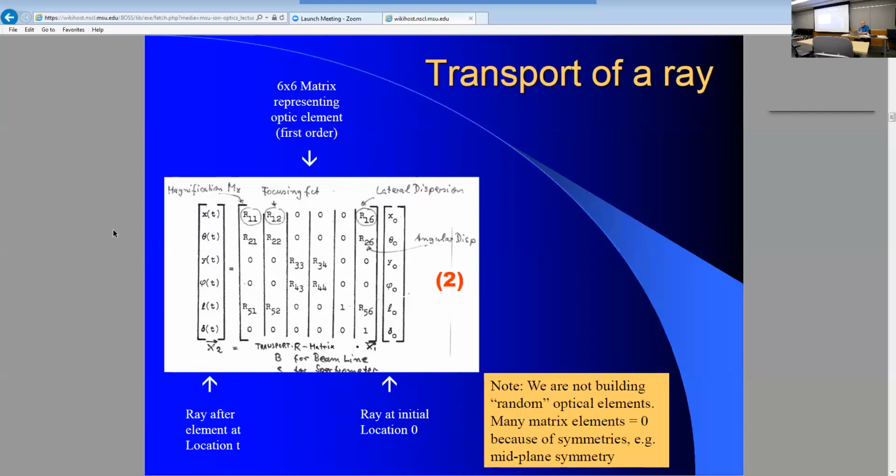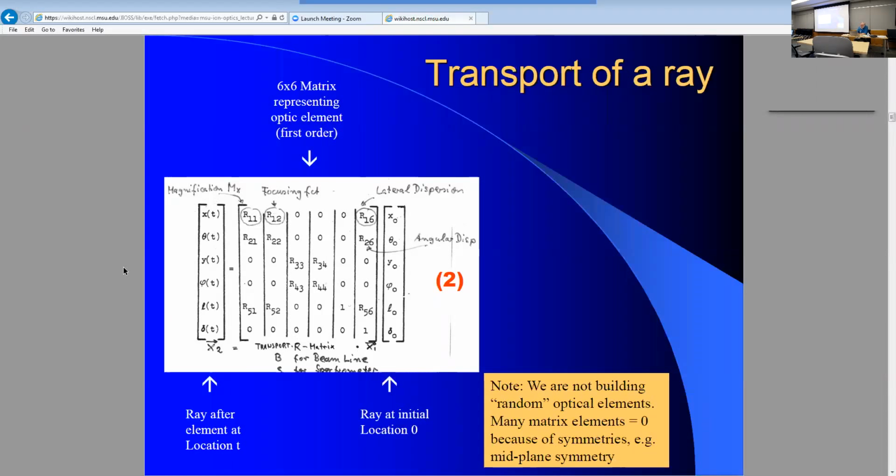In COSY that would actually be an 8 by 8, 64 element matrix. You see also here, this is the horizontal plane, and this is the vertical plane, and there are some other elements here.